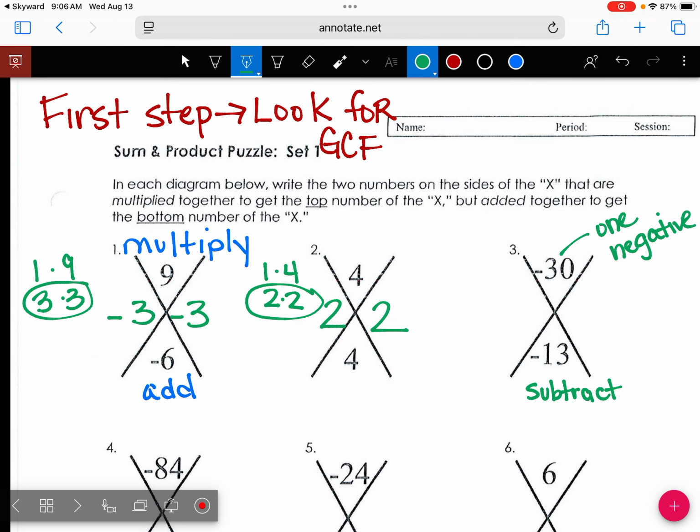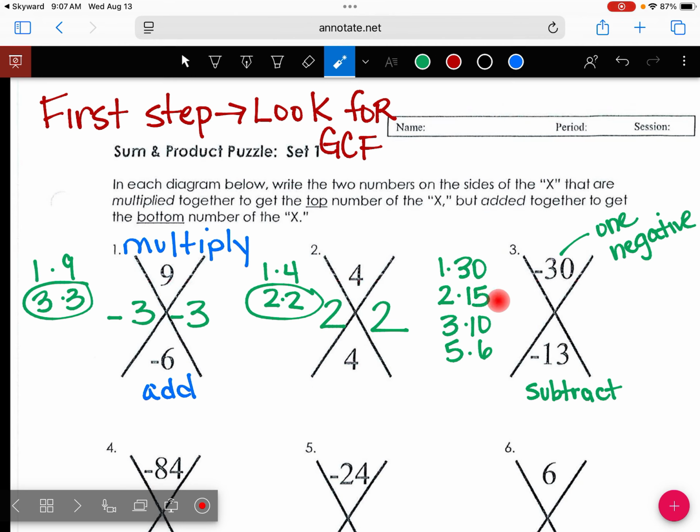All right, so what multiplies to give me 30? We got a lot of options. We got 1 times 30. We have 2 times 15. We have 3 times 10. And we have 5 times 6. So if this was a positive 30, then I would use 3 and 10. But this is a negative 30. So I have to use 15 and 2.